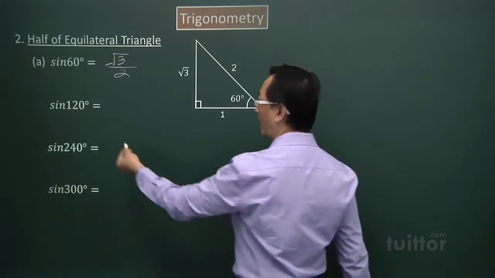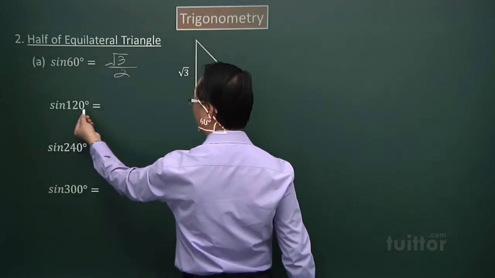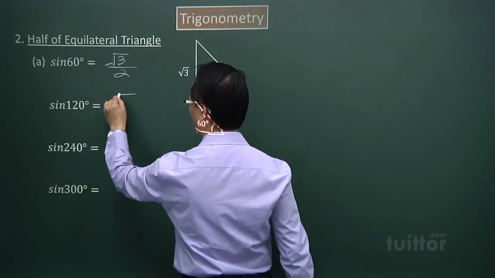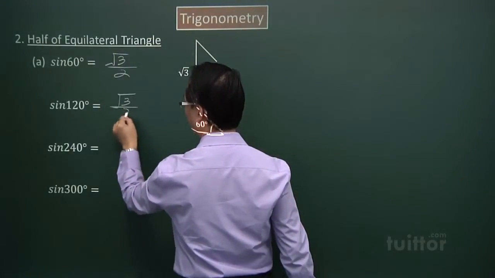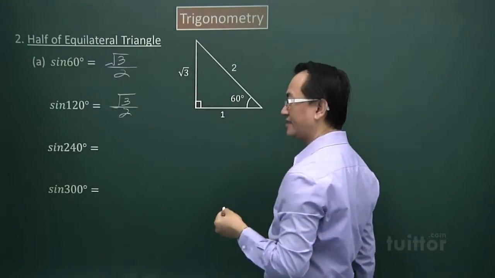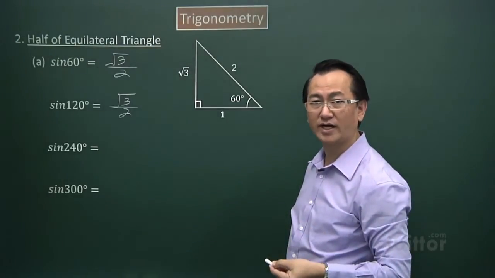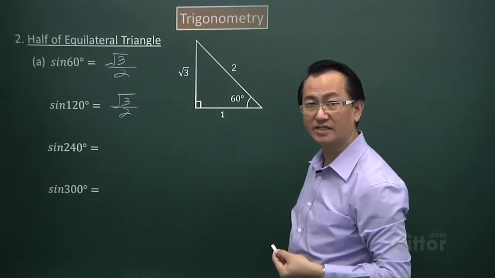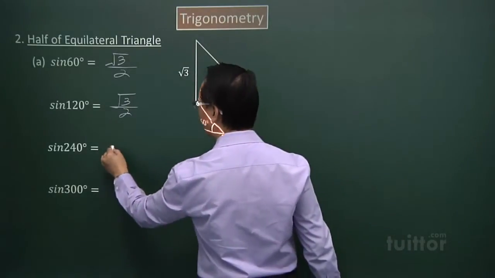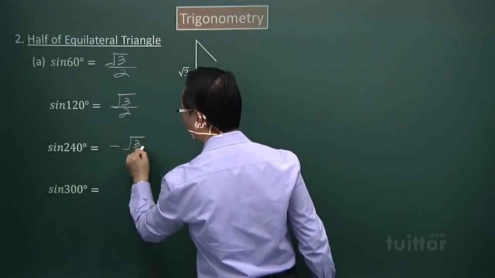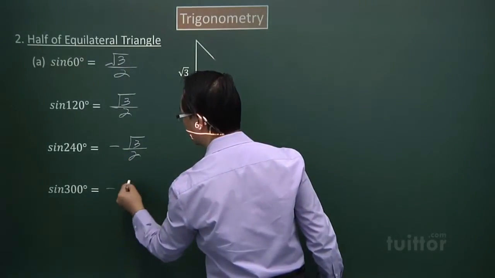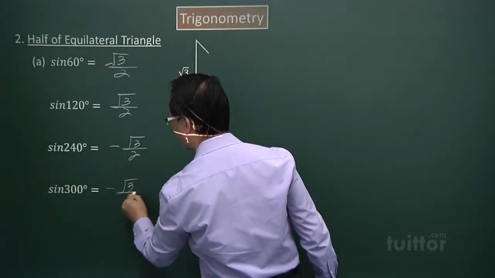So sine 120 will give me square root 3 over 2. And sine of the third as well as the fourth quadrant angle will give me negative results. So I just have a negative square root 3 over 2 here, negative square root 3 over 2.